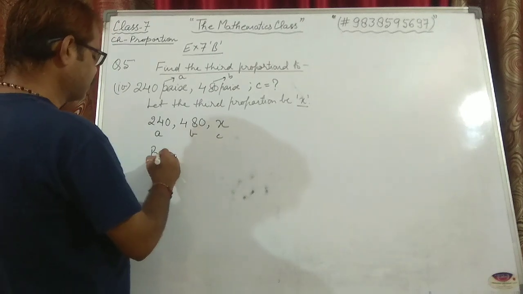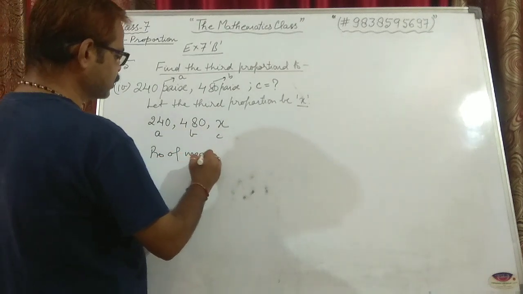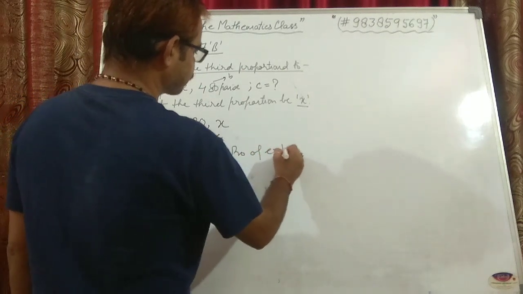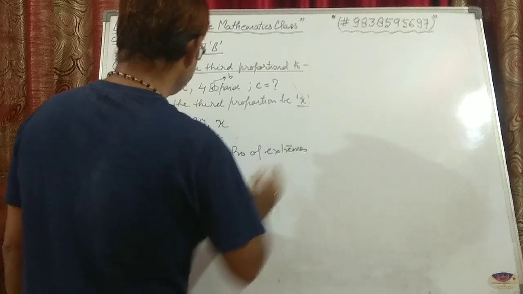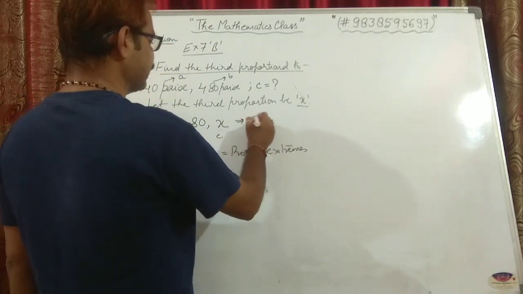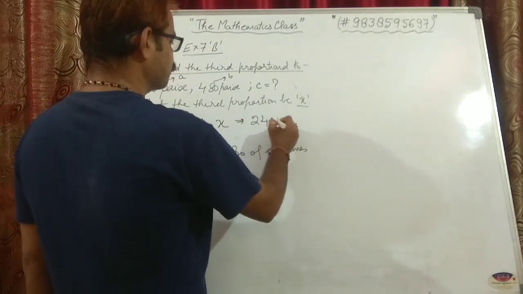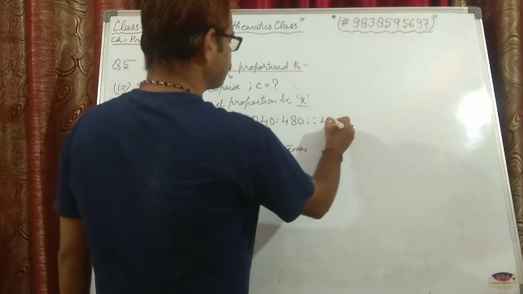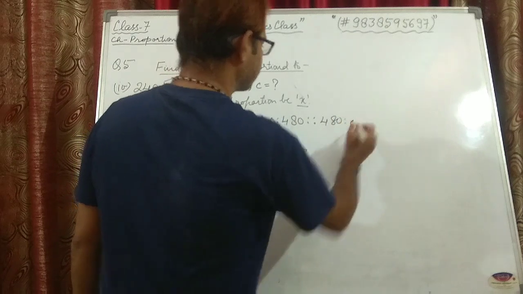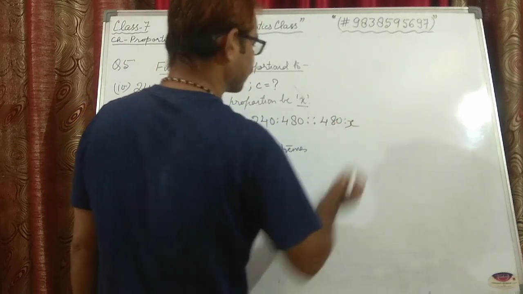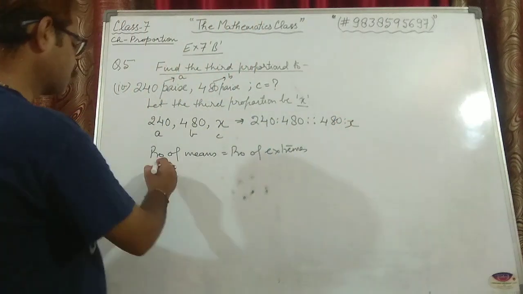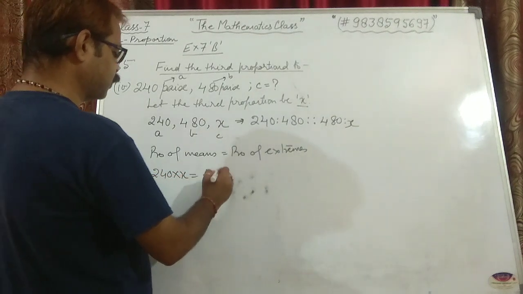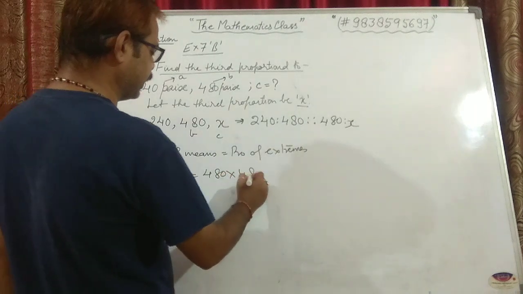We know that product of means is equal to product of extremes. It means this can be written as A is to B, 480, proportion B is to C, 480 is to X. So now 240 into X will be equal to 480 into 480.